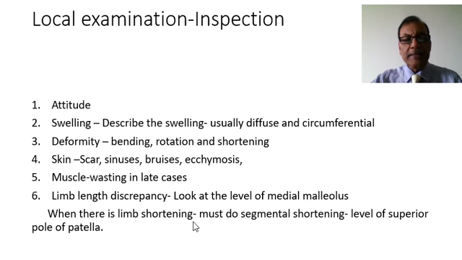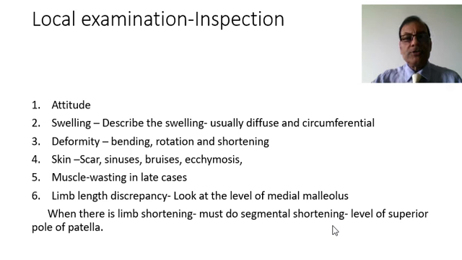And when you find that limb to be shortened, you have to do the segmental shortening on inspection itself. So you see the level of the superior pole of the patella. If, say for example, on the right side the medial malleolus is up, it means the right limb is short.